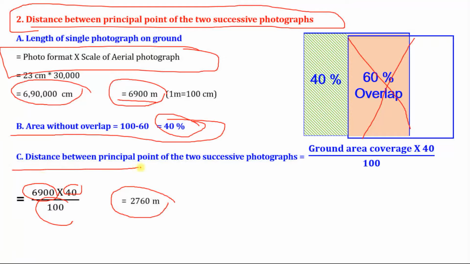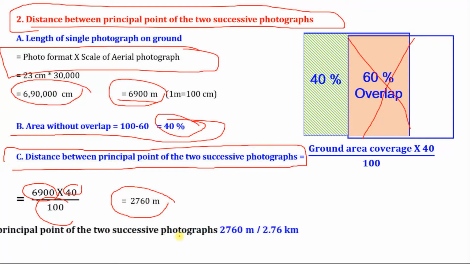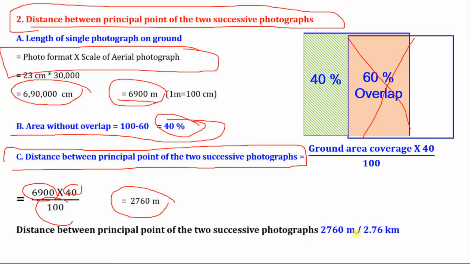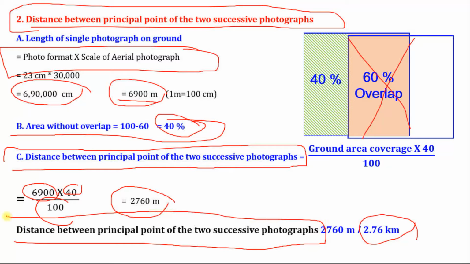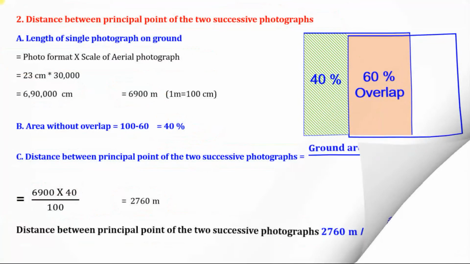This is the distance between principal points of two successive photographs. Now we can convert it into kilometer also: 2.76 kilometer. These are the different formulas and methods for calculating the distance between principal points of two successive photographs, photograph number 1 and photograph number 2.